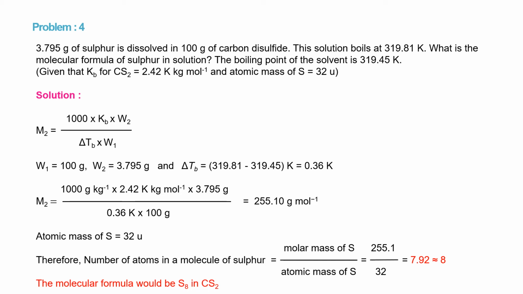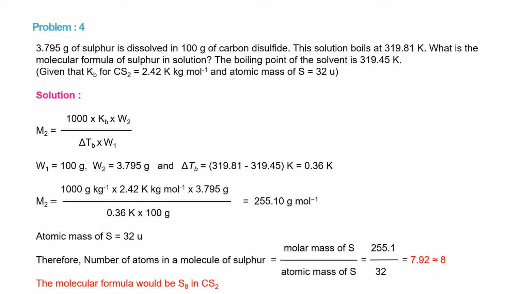Means your elevation in boiling point, delta TB, is equal to the boiling point of your solution minus the boiling point of your solvent, but both these quantities in Kelvin only. Okay. So in this case, delta TB is 319.81 minus 319.45, which is equal to 0.36 Kelvin.